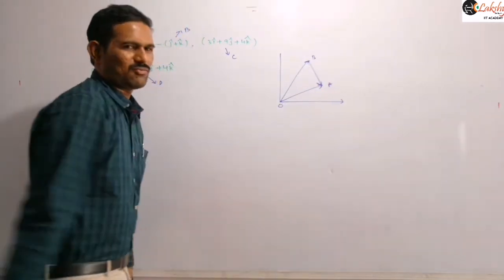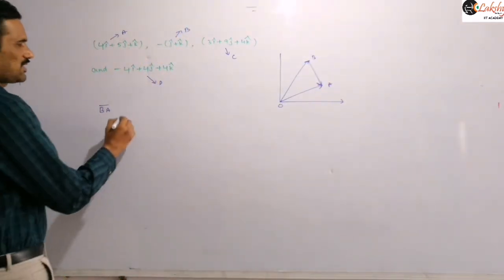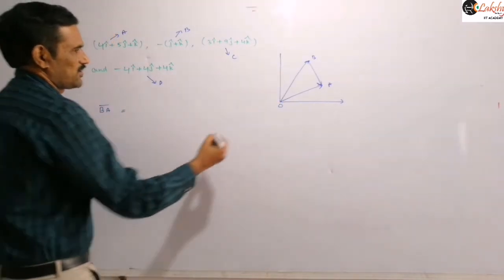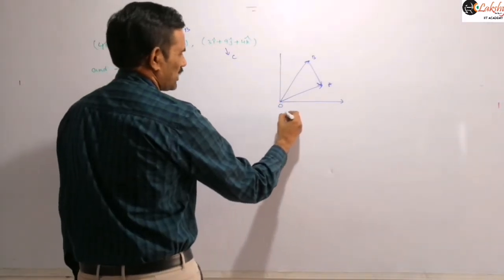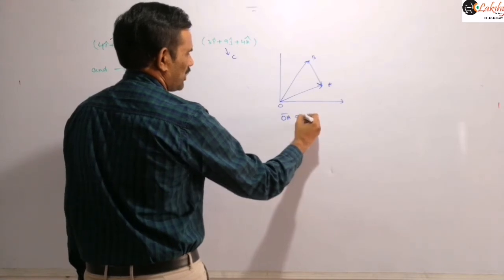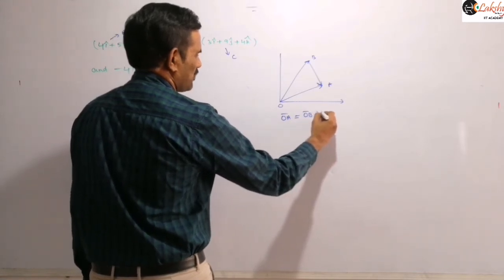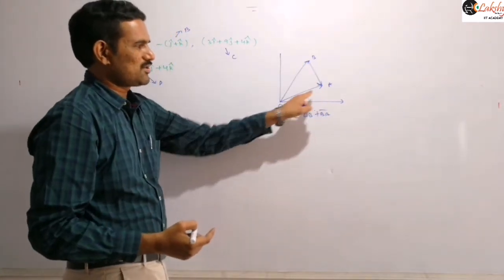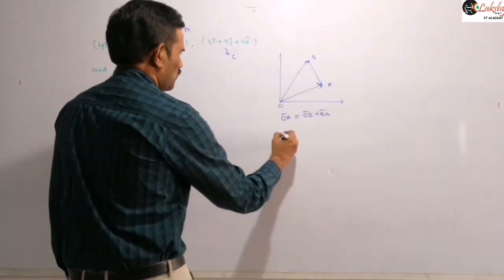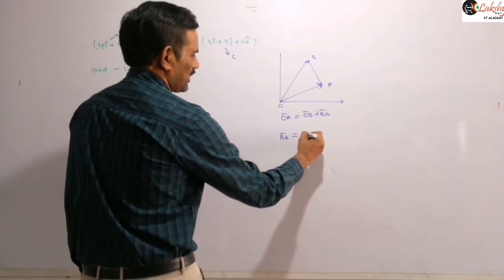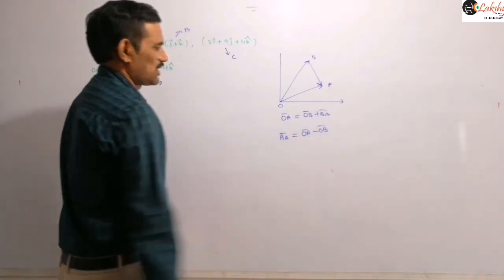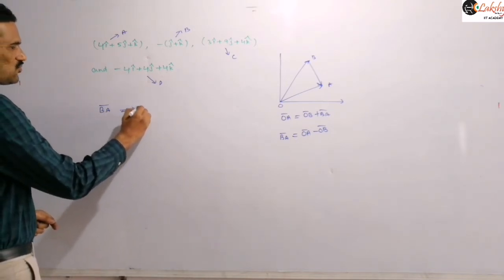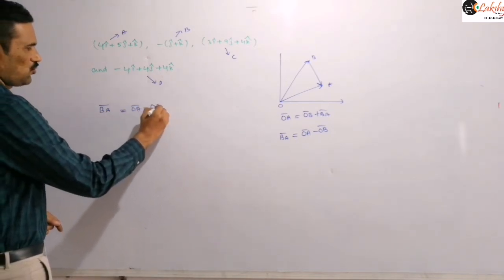So by using this, we can write OA bar is equal to OB bar plus BA bar. In this order, OB bar plus BA bar is equal to OA bar. And so from this, BA bar is equal to OA bar minus OB bar. So in that way you need to write here.